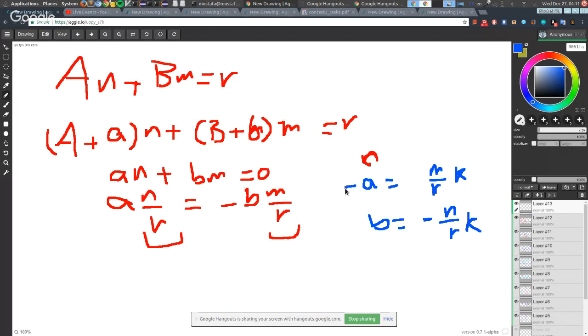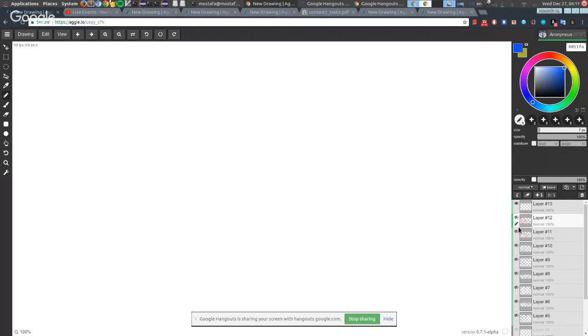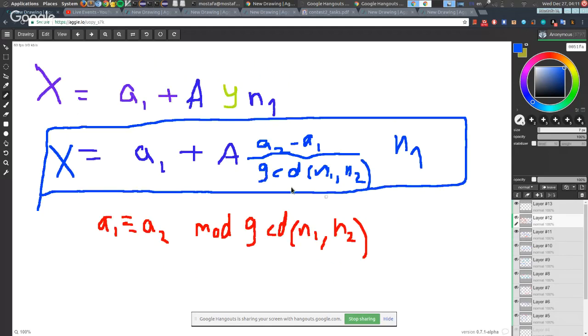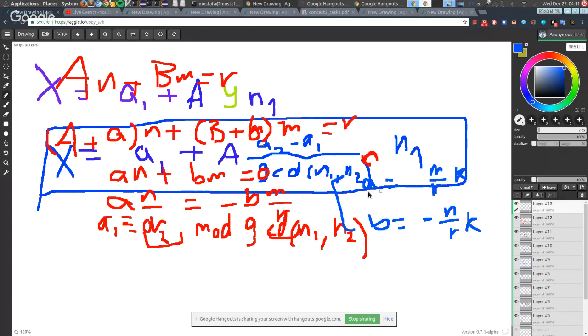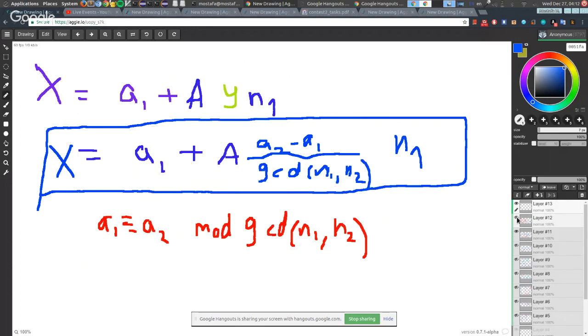Because if we substitute this here in the equations that we have from here, it means I can increase this a by some value. You see, I'll just copy that here.